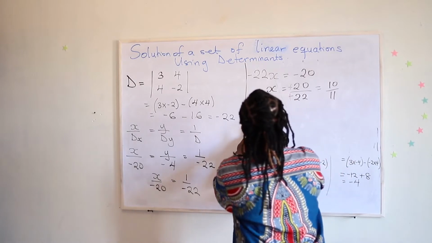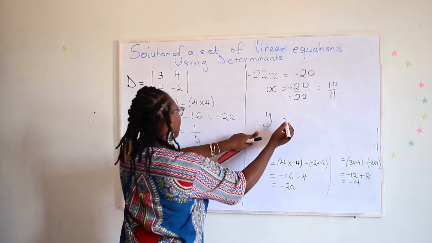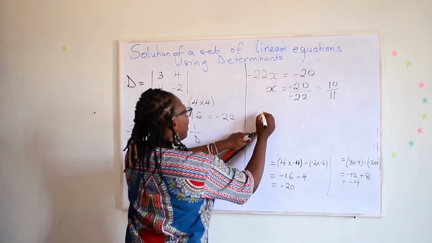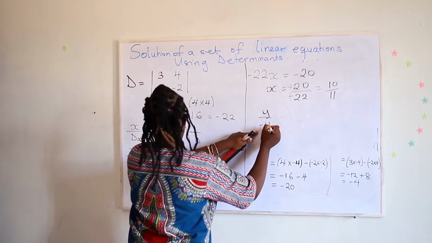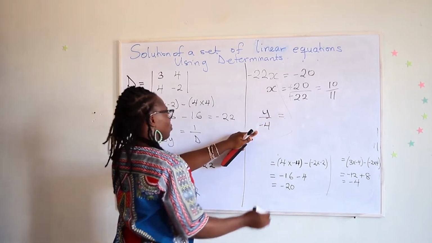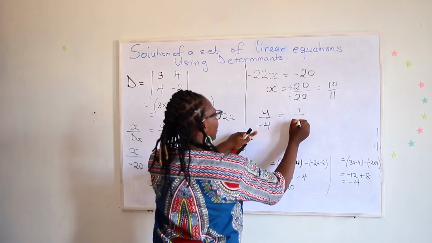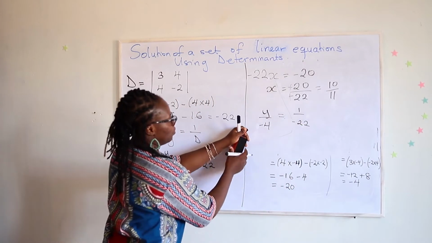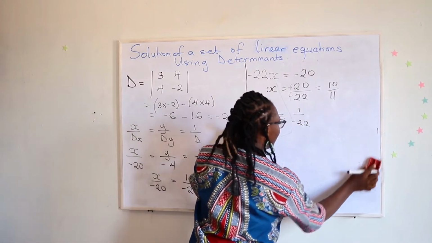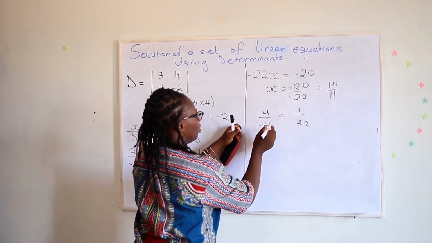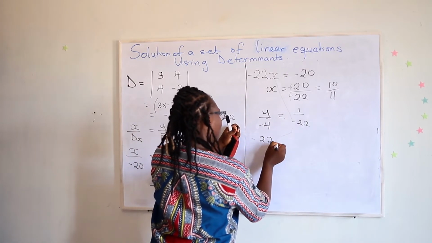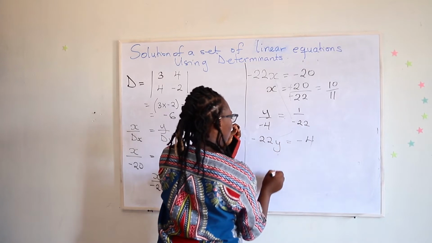And y is going to be, the second part, y over minus 4 equal to 1 over minus 22. Let's solve for the value of y as well. So I have minus 22y equal to minus 4.